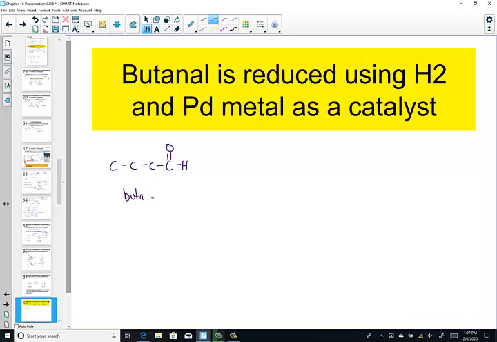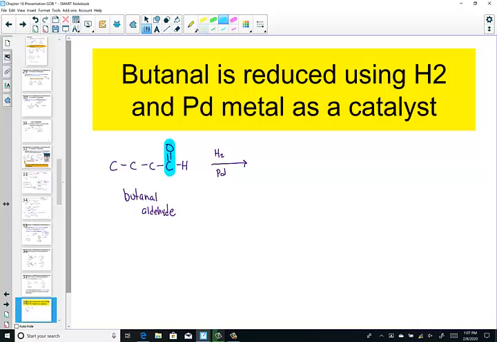This is butanal. Sitting on the arrow is a reducing agent, hydrogen, and in the presence of palladium, you would see that as just a catalyst. That's a reducing agent. Since this is an aldehyde, notice the functional group here of the carbonyl carbon.